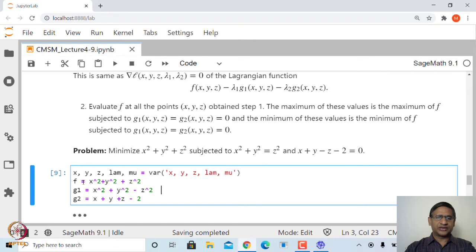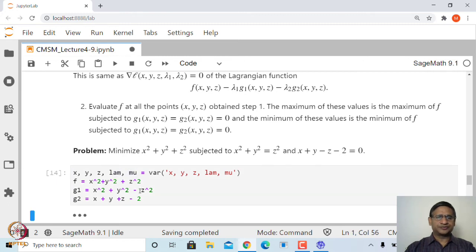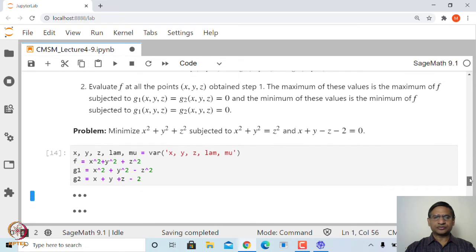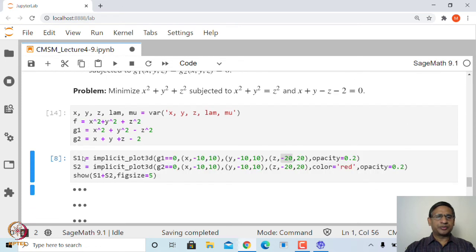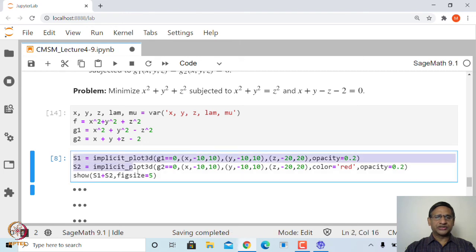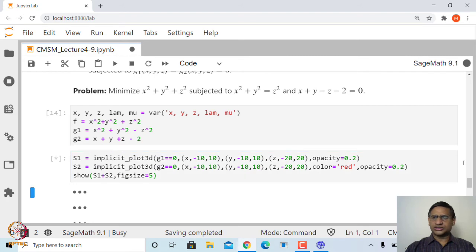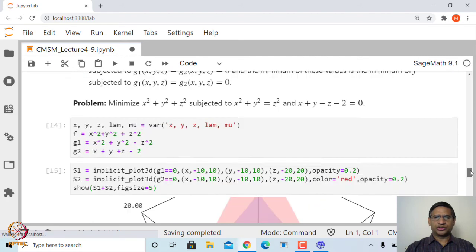First declare the variables x, y, z, w, lambda and mu. Instead of lambda 1 and lambda 2, I am just calling them lambda and mu. So, these are the declarations. Next, let us plot these two surfaces which satisfy G1 and G2 equal to 0. When you plot these surfaces, this is what you get.